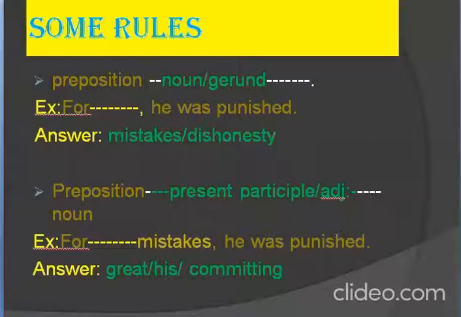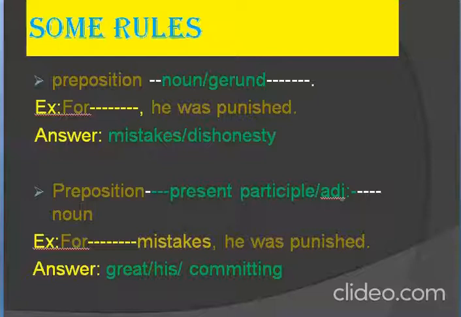Next, look at the rule preposition. If you find any gap comes immediately after preposition, use noun or gerund. You know, gerund is called verbal noun. Here, example is for blank, he was punished. I have written the answers. For mistakes, for dishonesty, for crime, he was punished. Next, a gap is between preposition and noun.